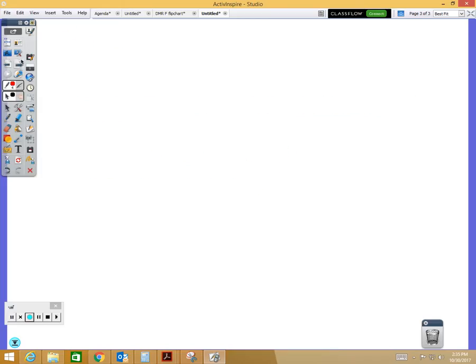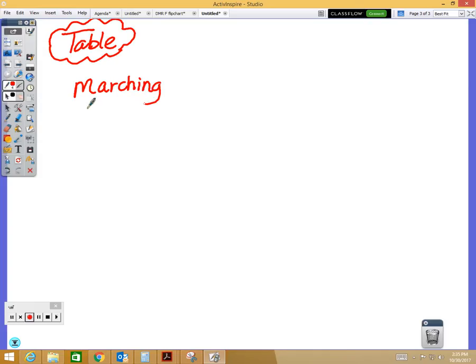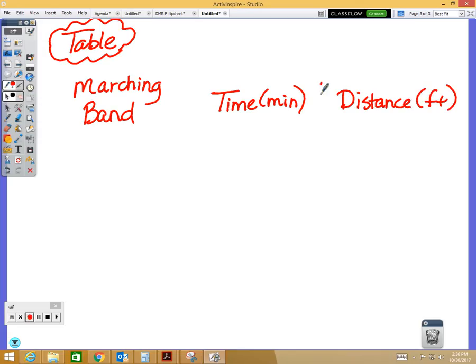So let's say that we have, so this is for a table. Let's say we have some information about the marching band. The amount of time in minutes they march versus the distance in feet.